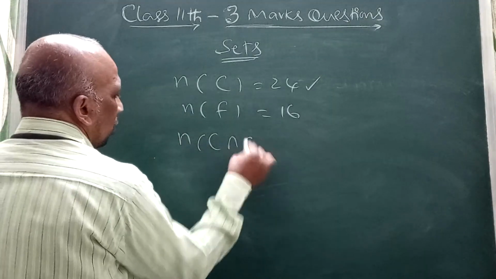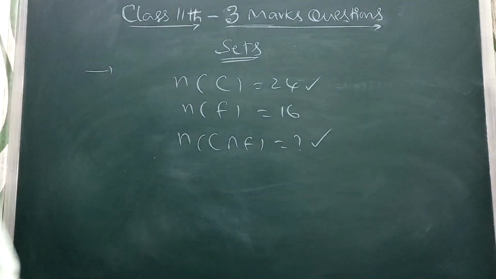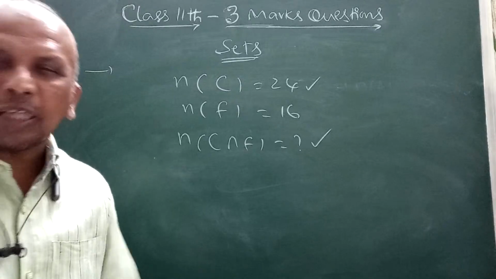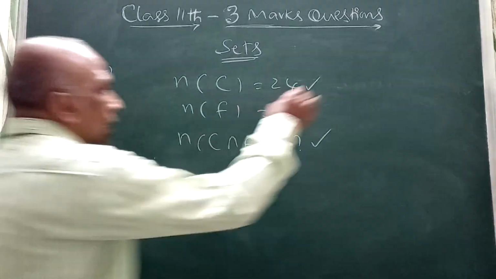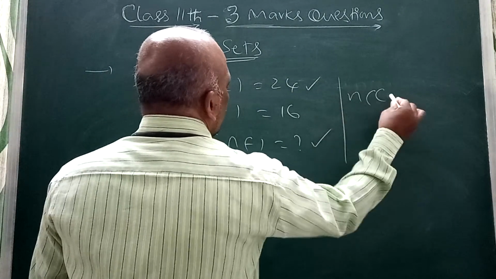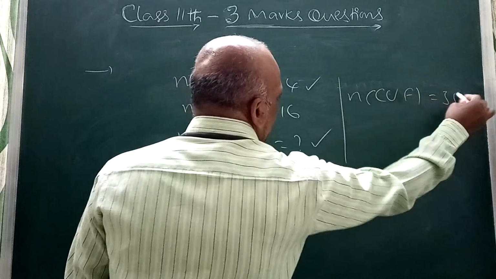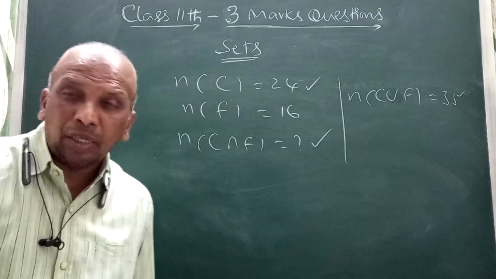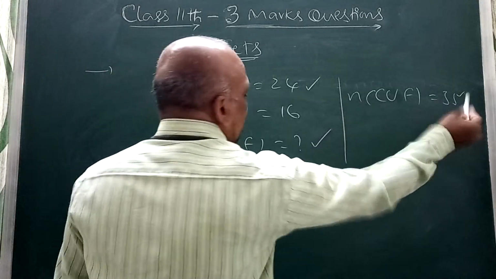The total in the class is 35, and since each student plays at least one of the games, n of C union F is equal to 35.